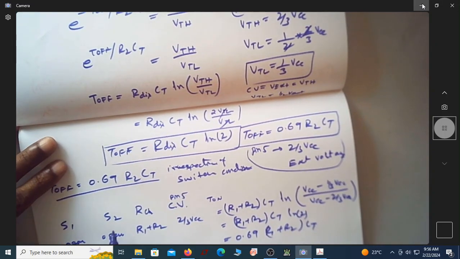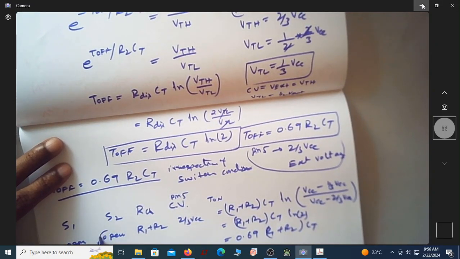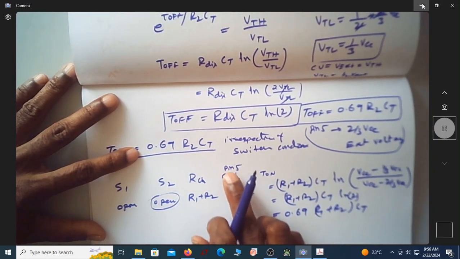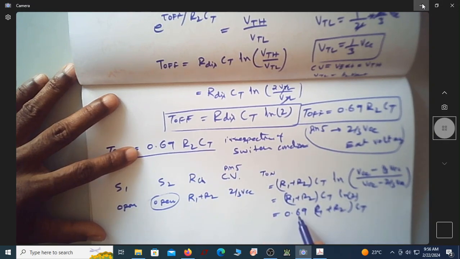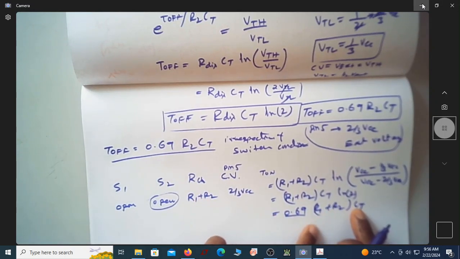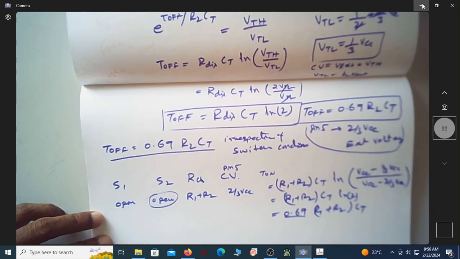So whenever this switch is open, when control voltage is 2/3 VCC, it is 0.69. This is R1, R2, your charging resistor, and this is CT. So now what is this again?